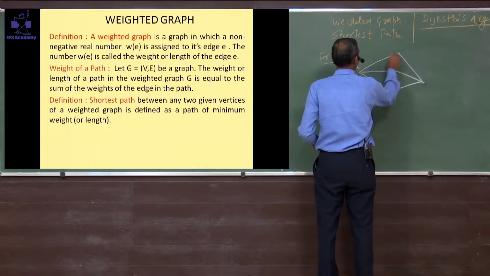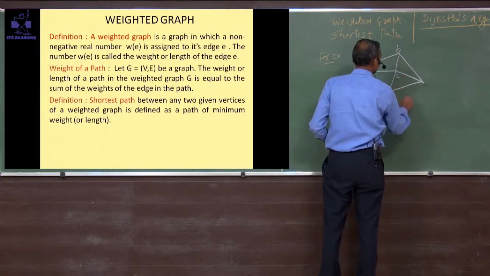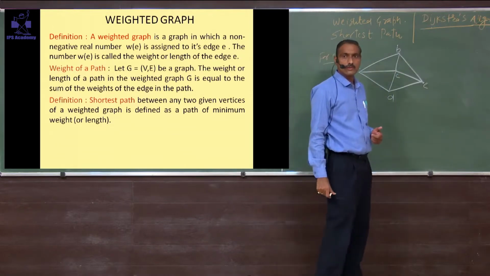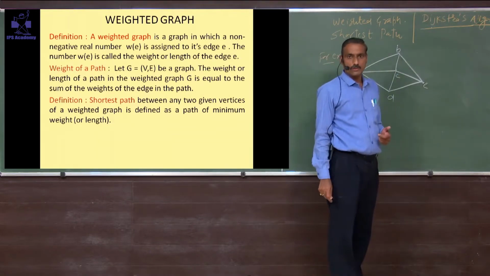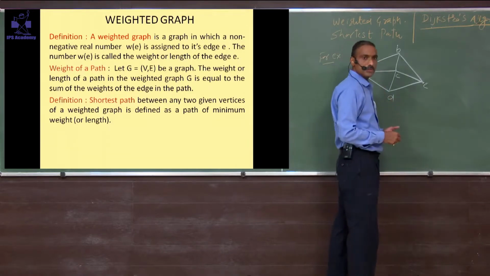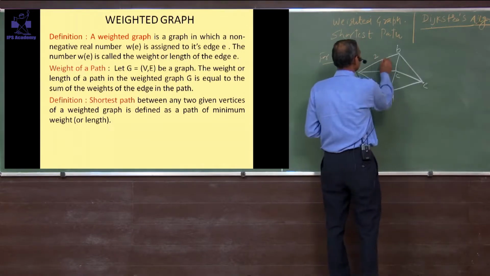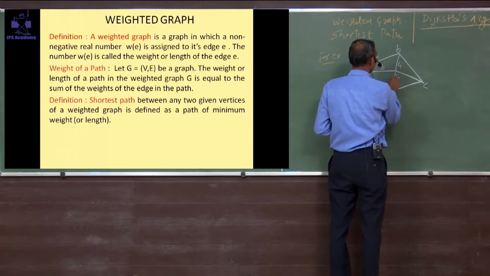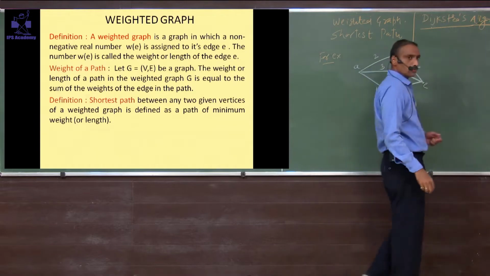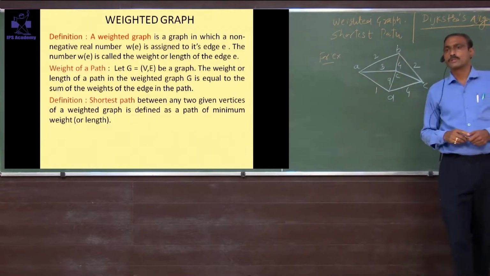This is A, B, C, D, and suppose this is E. If we assign a non-negative real number to each edge, which is called the weight of the edge, suppose this is 3, this is 4, this is 5, this is 9, this is 2, this is 4, this is 1. Such type of graph is known as the weighted graph.